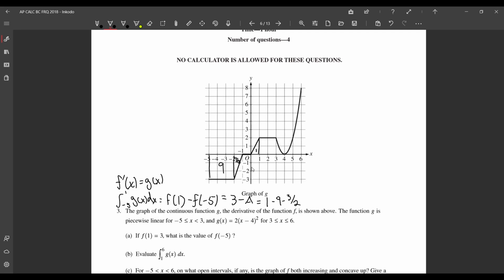Now this is negative 19 over 2. Let me just double check in my head that that's right. Yep. And so a, which is the answer, is 3 plus 19 over 2, so 25 over 2.